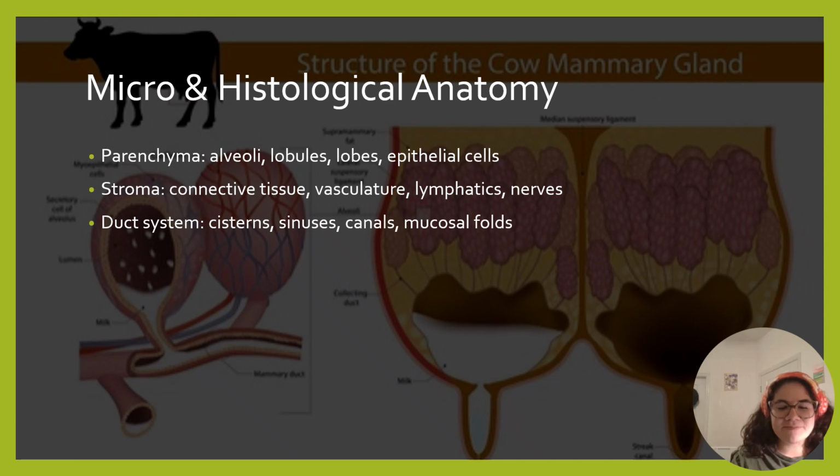The duct system has the cisterns, sinuses, canals, and mucosal folds, which ensure milk transport. And histology reveals the intricate organization that supports lactation, because lactation, as we recently learned in class, is a complicated process.